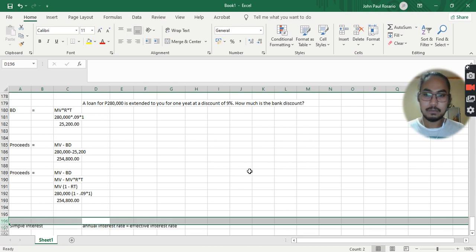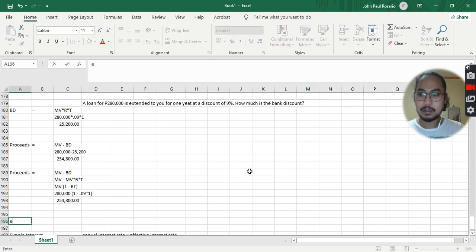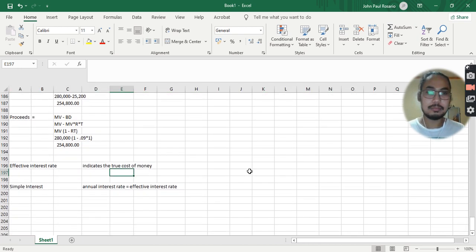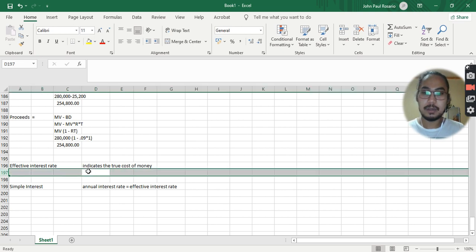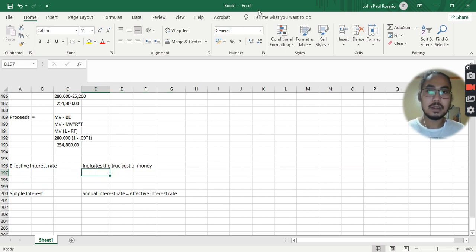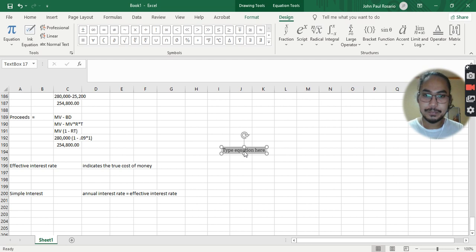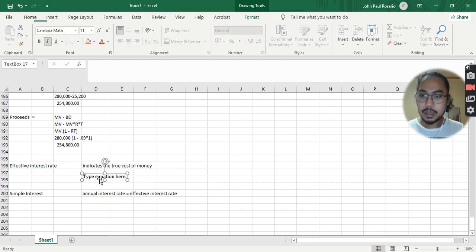So for the effective interest rate, this indicates the true cost of money, and this is computed by, let's indicate a formula here.